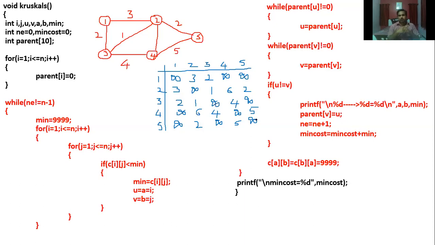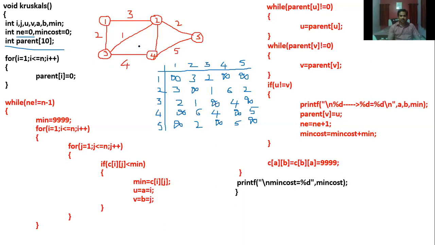Once you input your adjacency matrix, straight away we are calling the Kruskal algorithm. Some declarations we have done over here, some variables, NE in this case being the number of edges. Basically, in a spanning tree, the number of edges is always n minus 1, where n is the number of vertices.